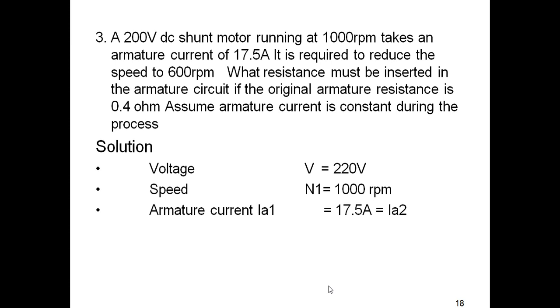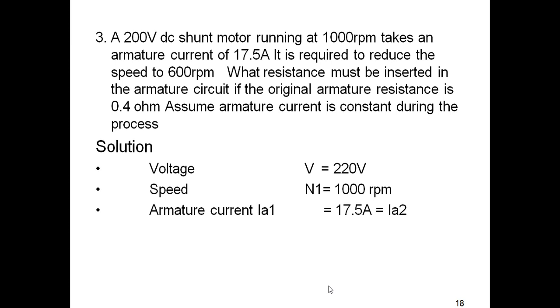And the initial armature current IA1 is equal to 17.5 amperes. And this IA1 value is equal to IA2 because in the problem it is given that the armature current is constant during the process. So IA1 is equal to IA2 is equal to 17.5 amperes.